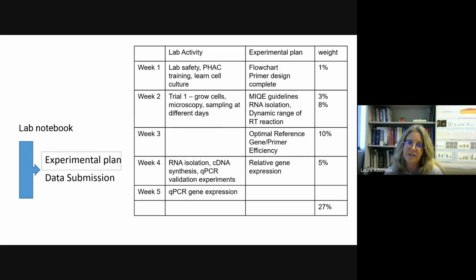And you can see that the experimental plans are due immediately. They have to start working on setting up their protocol. And because the students find them really challenging initially, I have an incremental increase in the weighting of them, so that they're low stakes to begin with as they learn the process, and then they can build up to having them worth more.